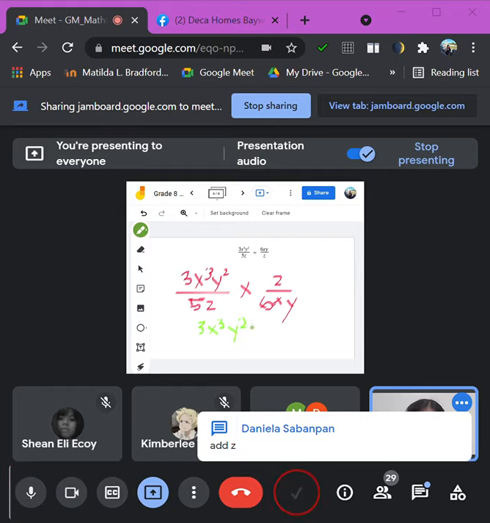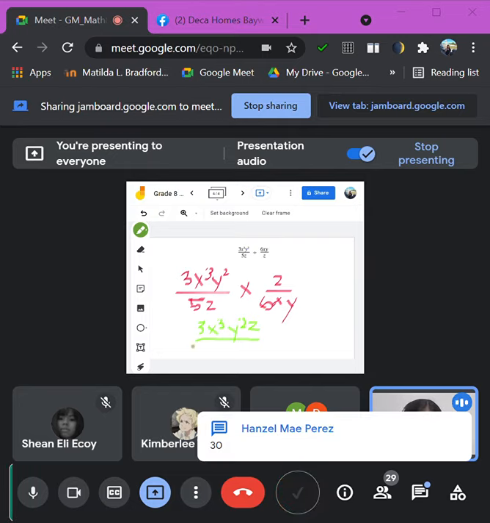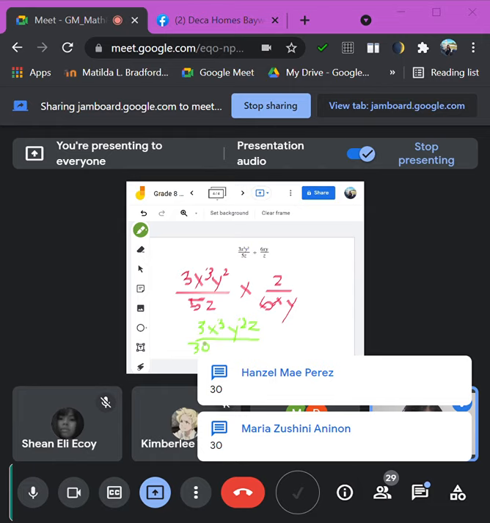So it will become 3x cubed y squared z, and then ang sa ubos mahimo siya og 5 times 6, that is 30. And then x, y, and z.